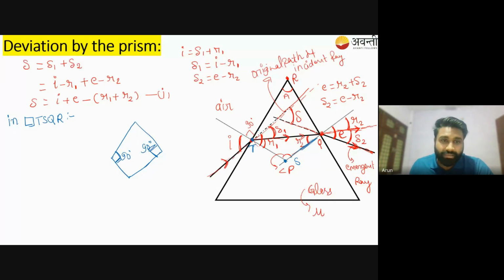This angle is A, and this angle is P. In a quadrilateral, the summation of all the angles is 360. So angle A plus angle P plus 90 plus 90 equals 360. Got it?